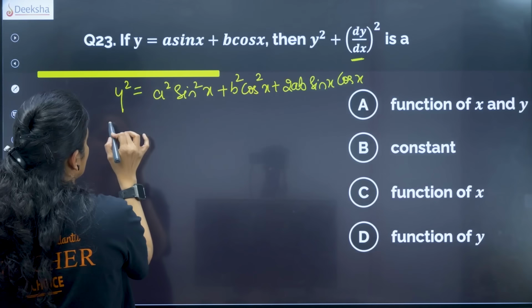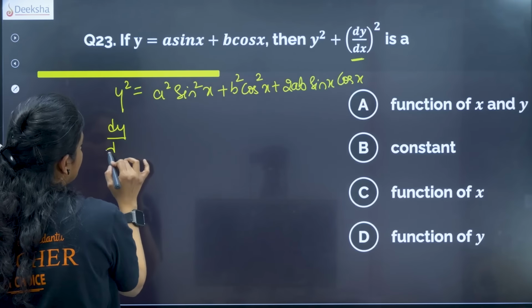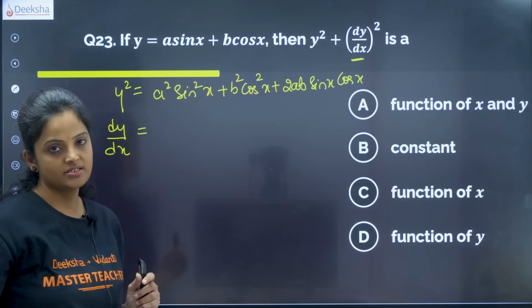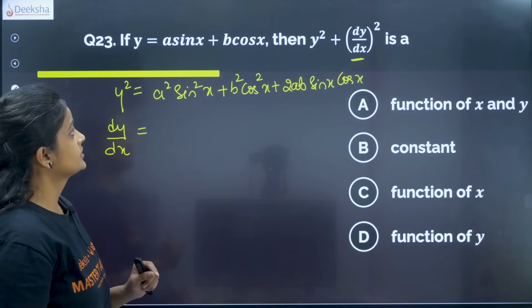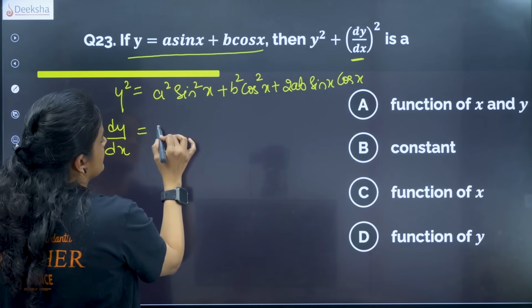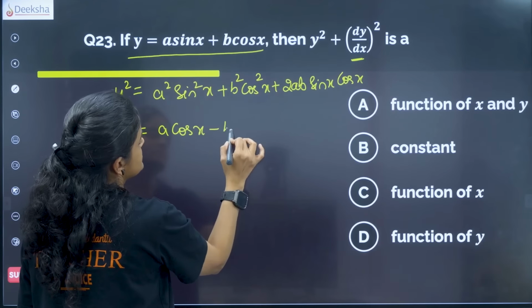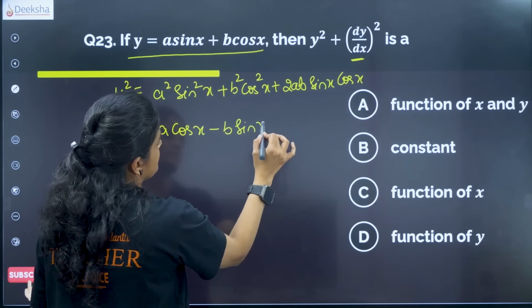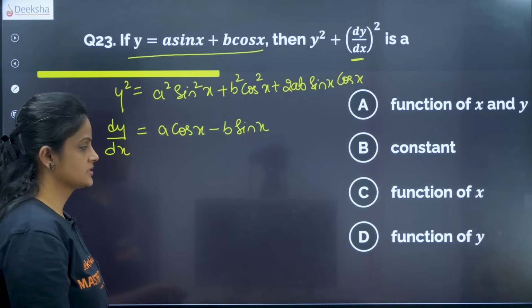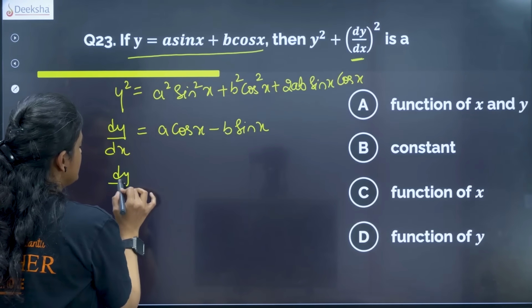The second term, to go to the second term, first I need the differentiation. Differentiate the curve given here, a into cos x minus b sin x. Okay, square it. So dy by dx whole square.